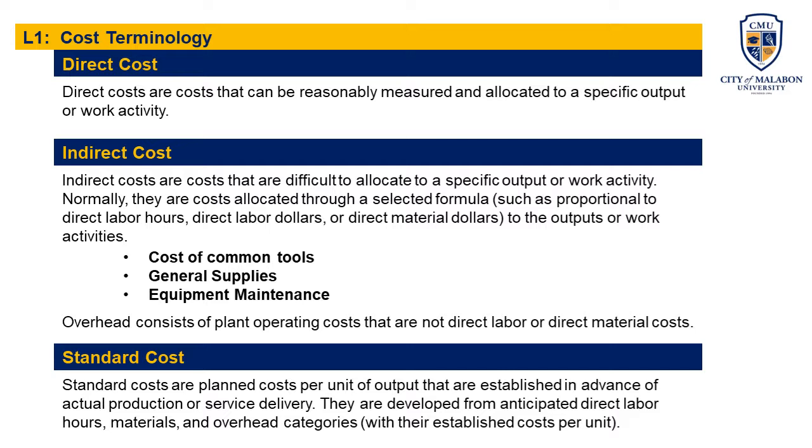We use this standard cost in preparing quotations for products and services that we offer to the customers. And lastly, standard cost is used in establishing the value of work in progress, or WIP, and finished inventories. Okay, so that's direct costs, indirect costs, and standard costs.